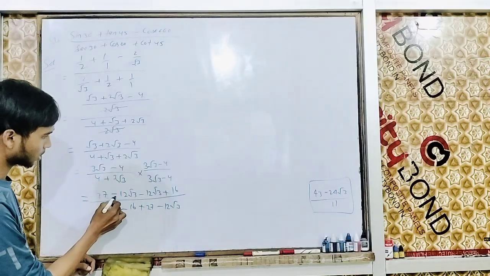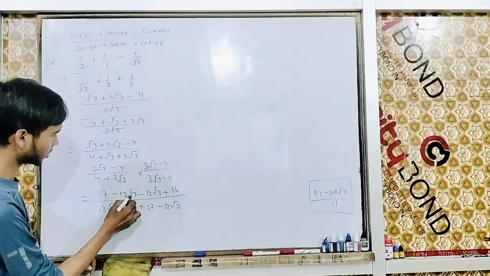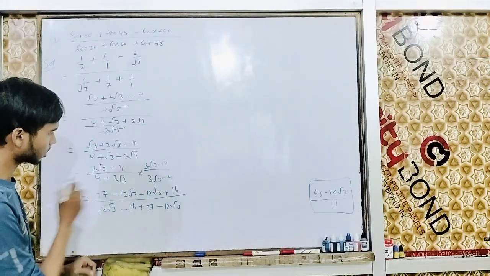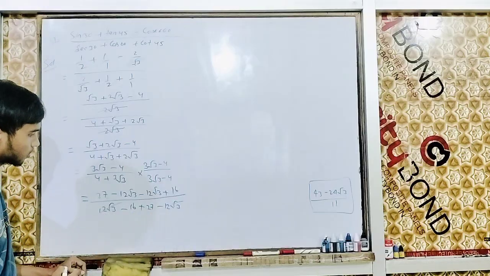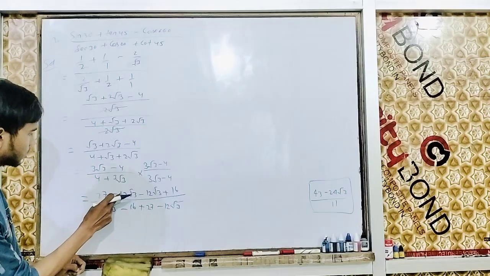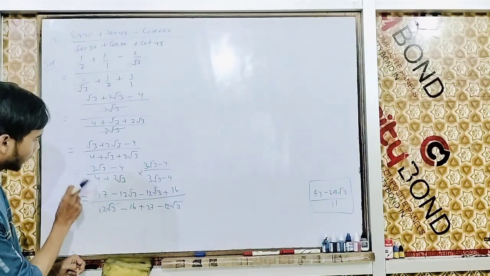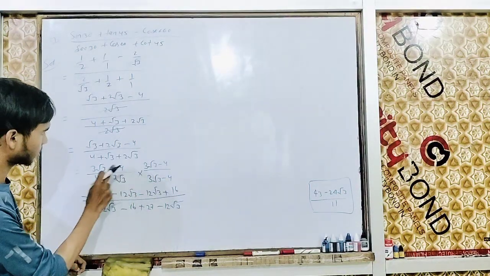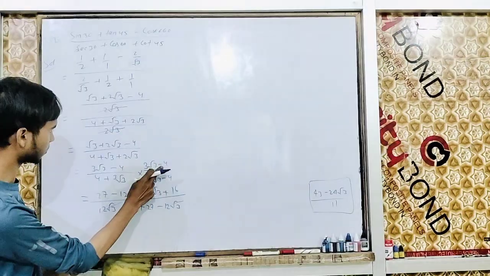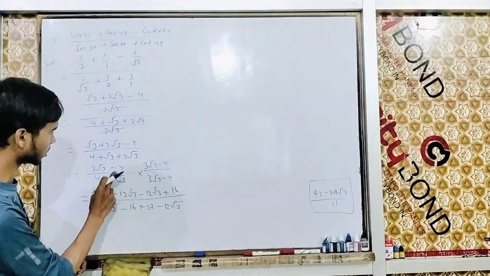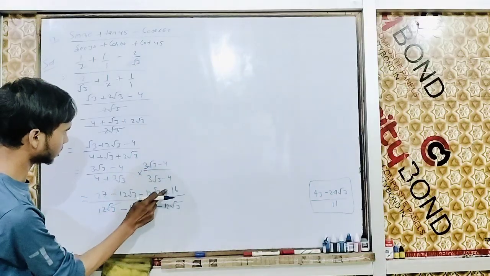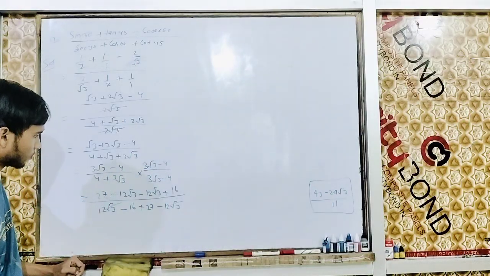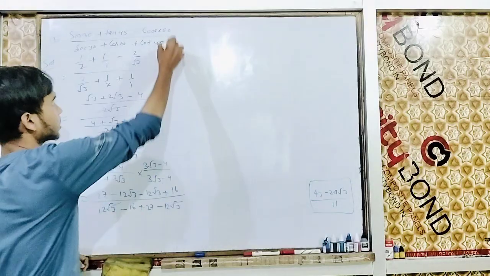Here this minus 12, then root 3 is coming plus. First of all, this will cut this. Then this plus minus. This minus as it is. Then minus, it became plus. Clear? Today here this is correct.